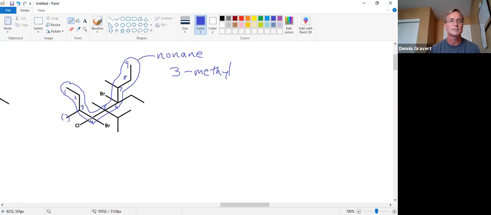Then I walk down the trail. Number 4 has another fork in the road. There's 2 ways to go. One leads to a chlorine, another one leads to bromine. So on 4, there's a chlorine, and on 4, there's a bromine. Walk down the main trail, number 5, fork in the road yet again.